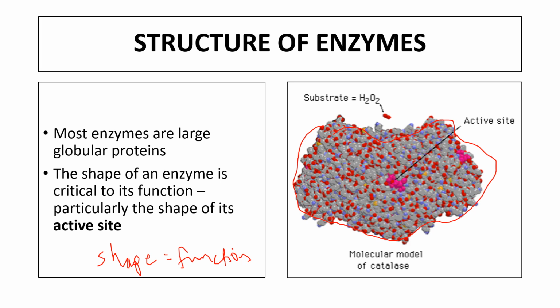And enzymes is a really good example of this because enzymes have a specific active site, which you can see there. They have a specific active site, which is where things bind to. So if that specific shape is not what it's supposed to be, the enzyme's not going to function in the way that it needs to.